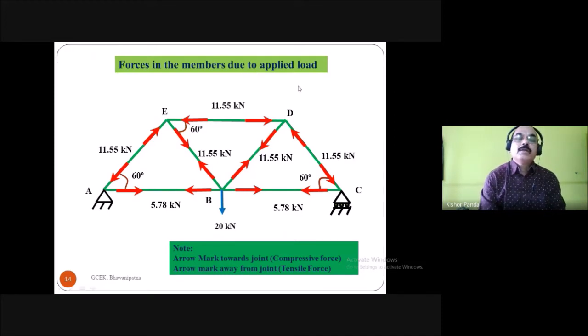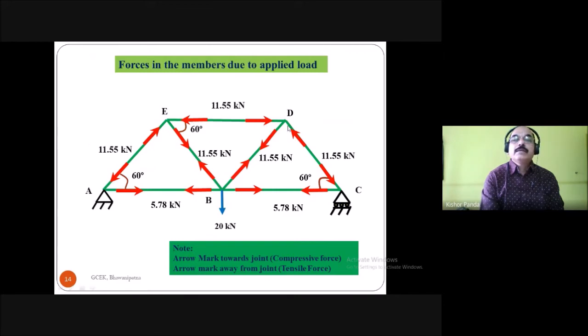So due to applied load, what you got the forces in the members and the nature of the force, just to show here, because here you got that AB, you got the tensile force 5.78 kilonewton, and for AE you got the compressive force 11.55 kilonewton.